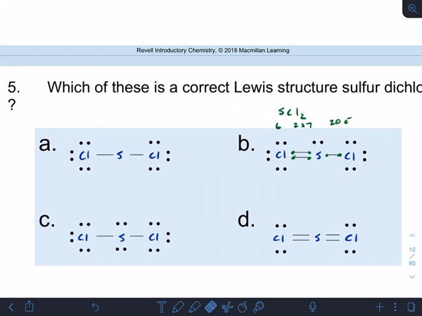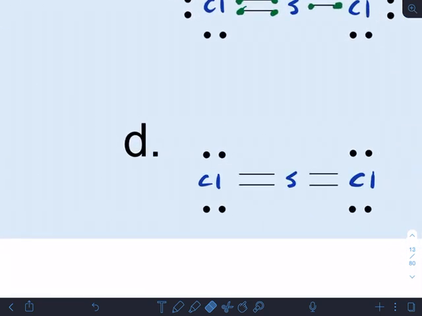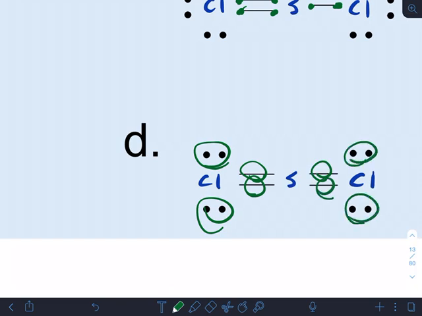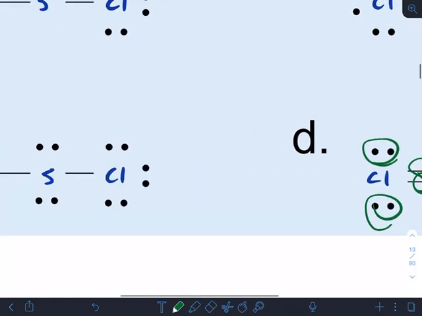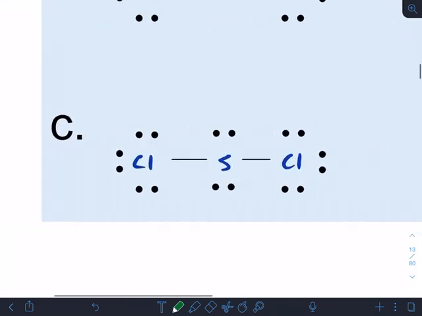Okay, so D is going to have a similar problem. 2, 4, 6, 8, 10, 12, 14, 16. Except D does not have the right number of valence electrons. Right now D has 16 electrons in the drawing.